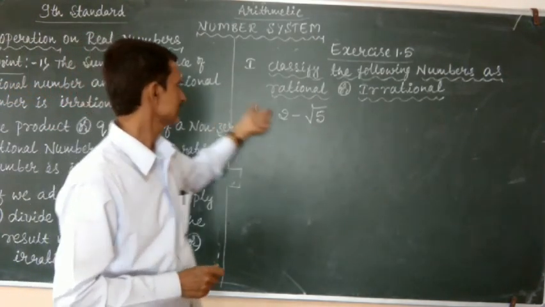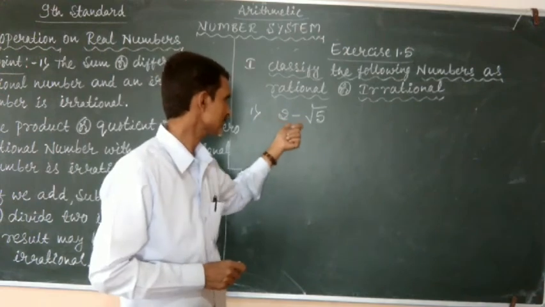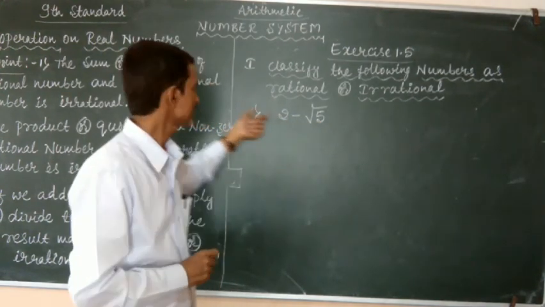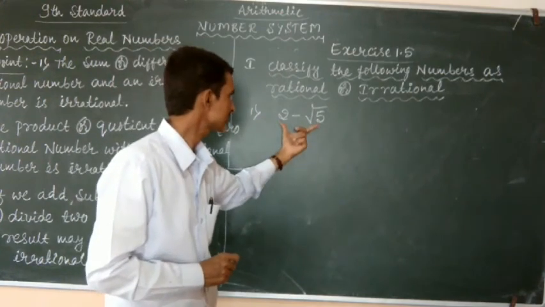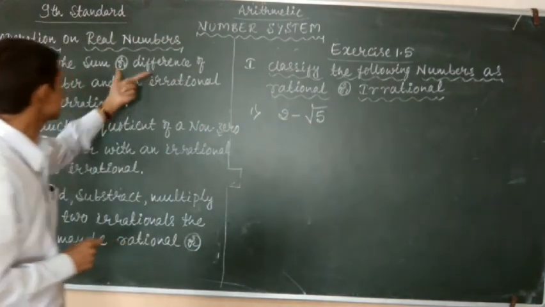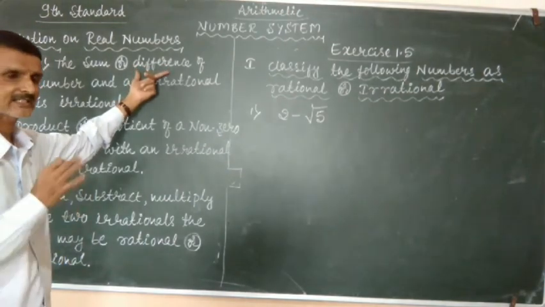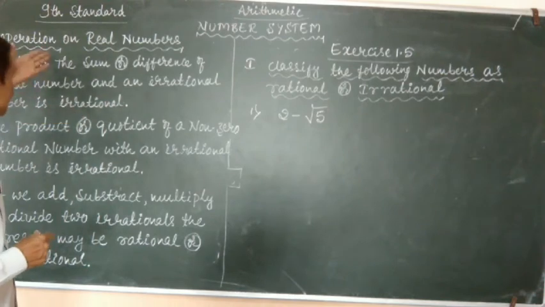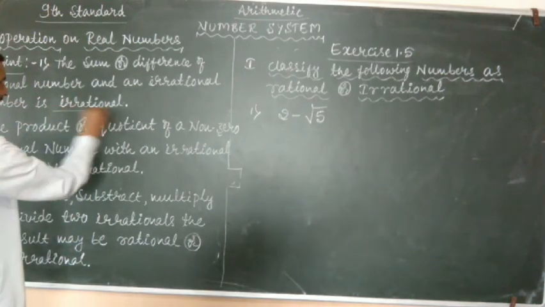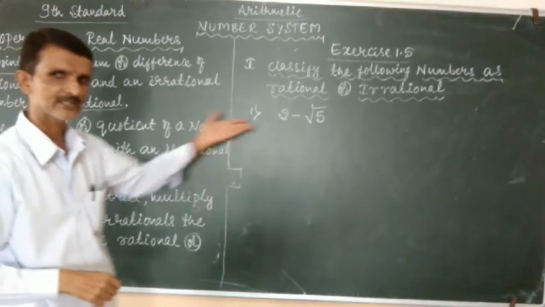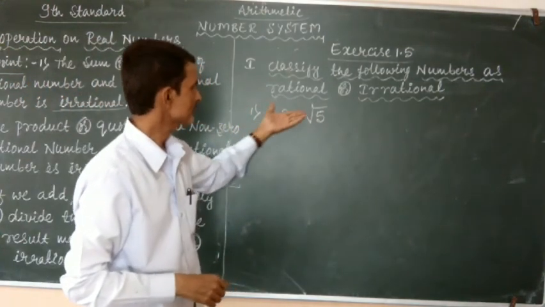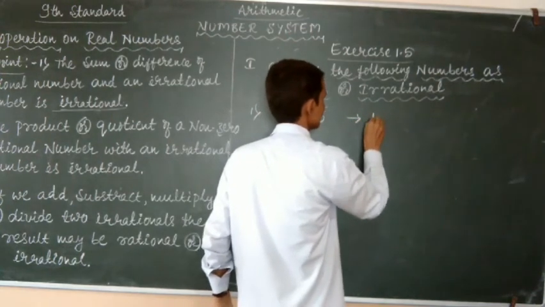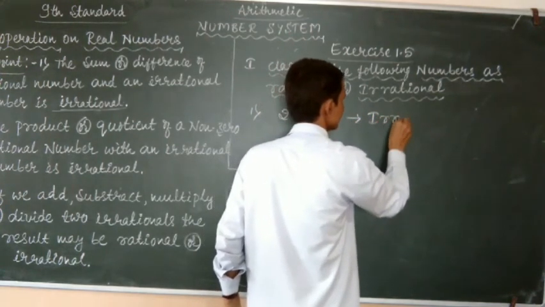Here we are going to subtract, that means we are going to take the difference. The difference of a rational and an irrational number will be irrational. Therefore, 2 minus root 5, the answer will be irrational.